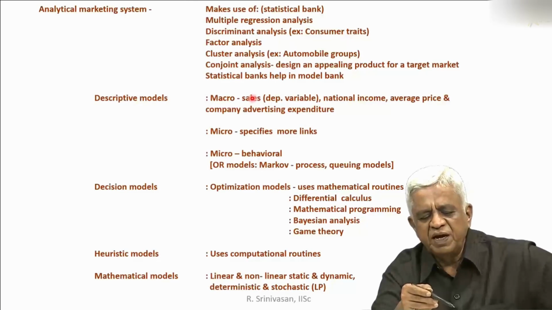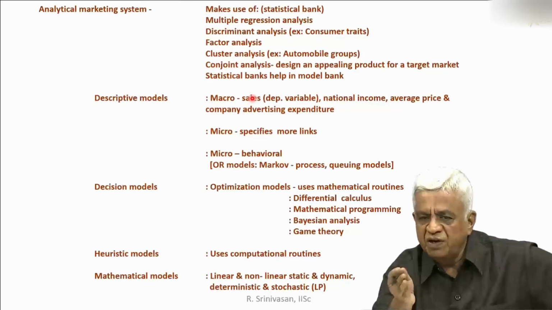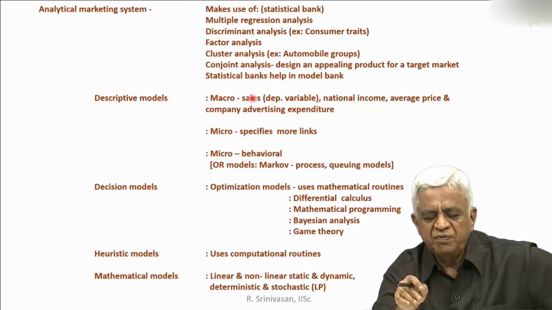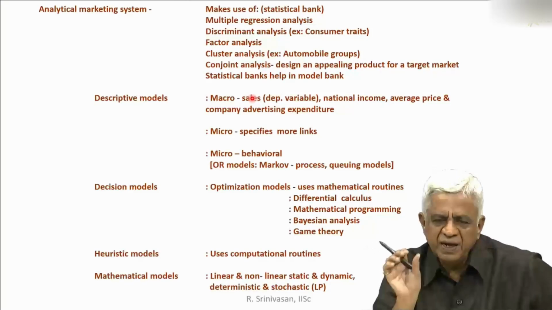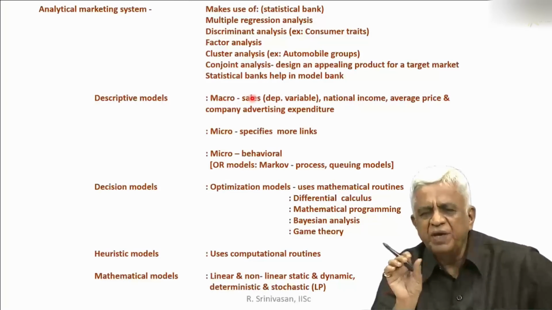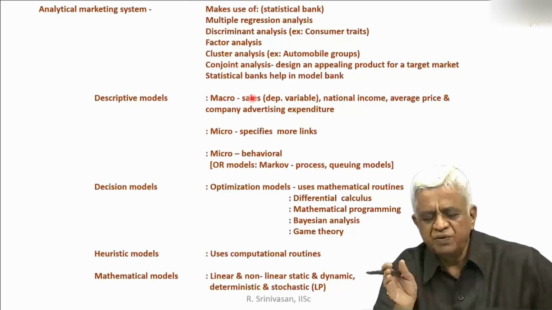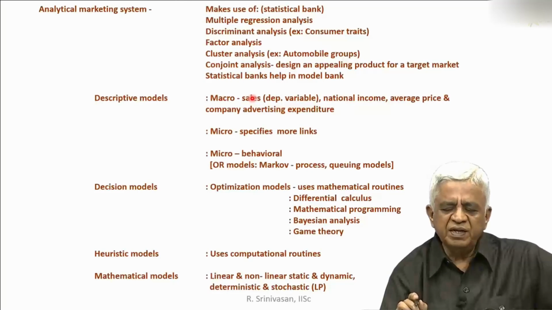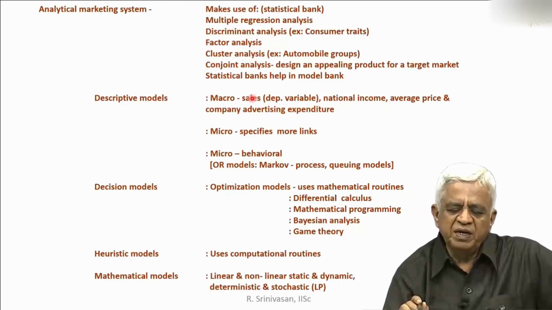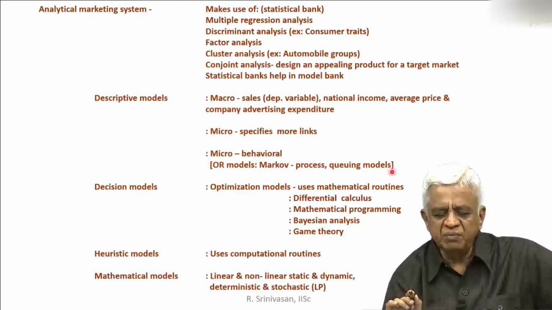That is, macro models where the links are limited, and then the micro model where the links are more. Then we may again look at a micro behavioral model, where you have more links and the behavioral aspect coming in. So there the OR portion comes in, and here we make use of the Markov process and the queuing models.